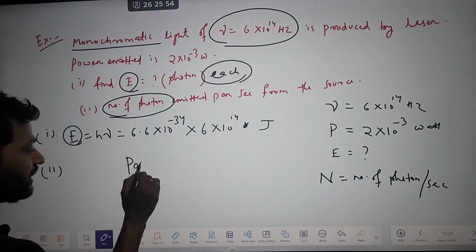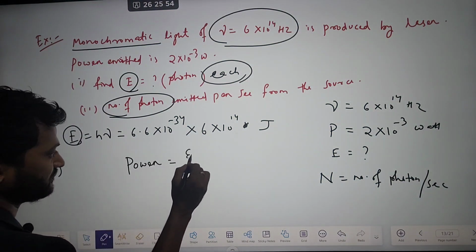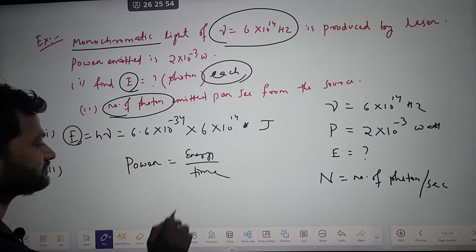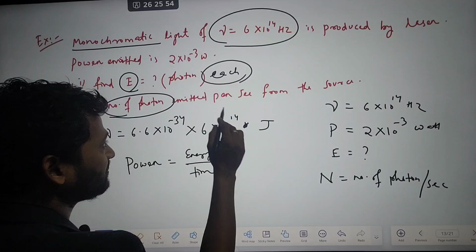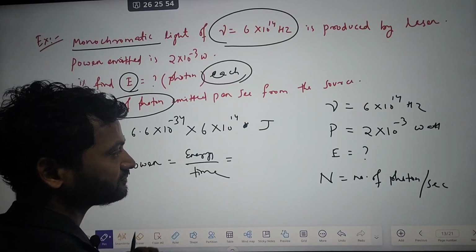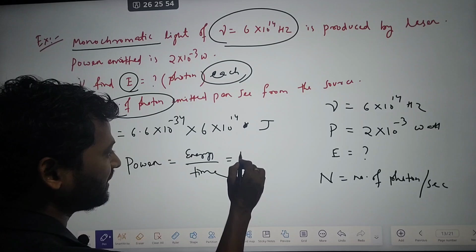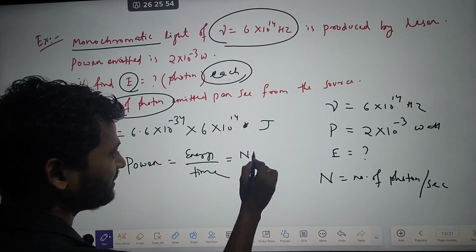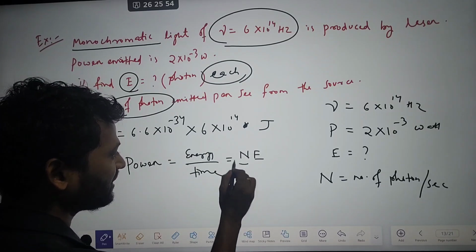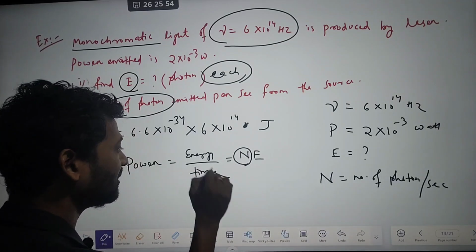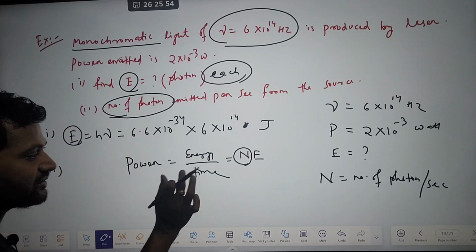Power is energy by time. How to remember: power is energy by time. So the energy of each photon is E, and let there be n number of photons, so I can write n into E. Here n is the number of photons per second, with respect to time.